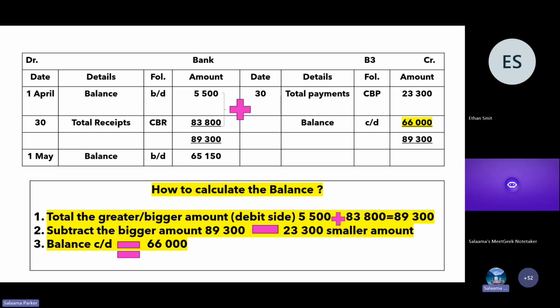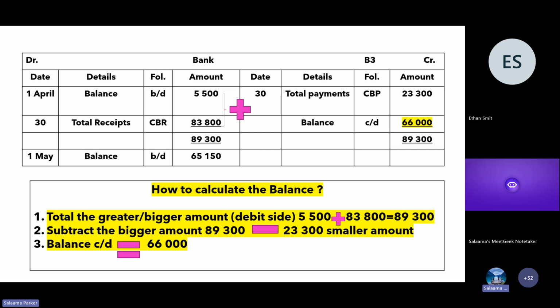They gave you an opening balance, right? So if an opening balance is given to you and it's a favorable bank balance, always remember you will record it on the debit side of your bank account, and you will put down the date as the first. Details will be balance brought down.